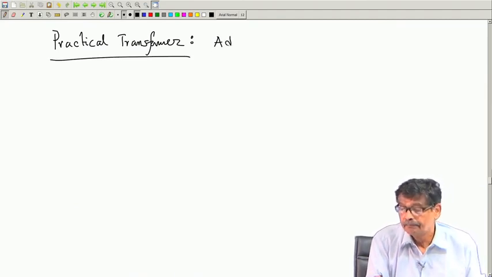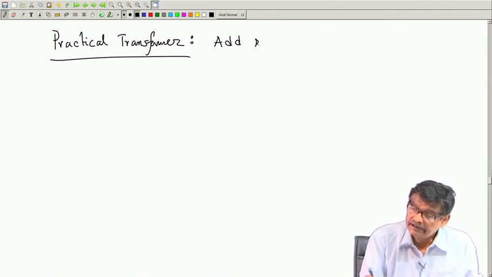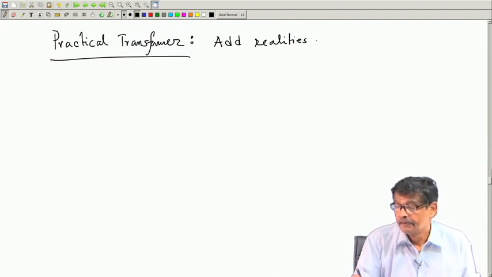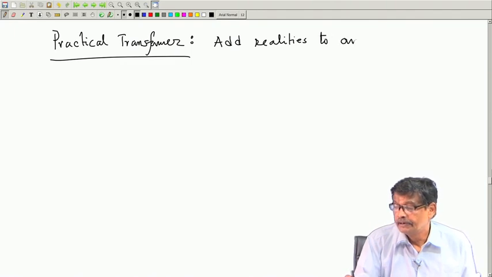adding realities to an ideal transformer.